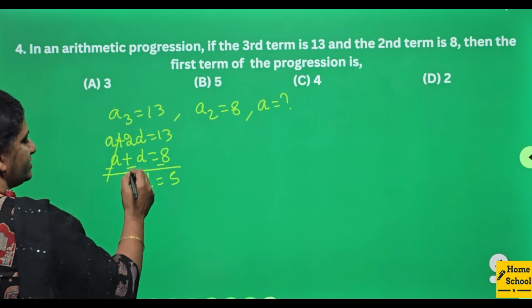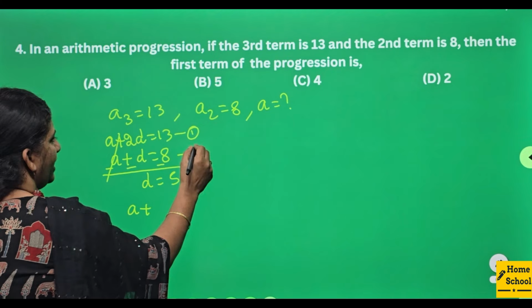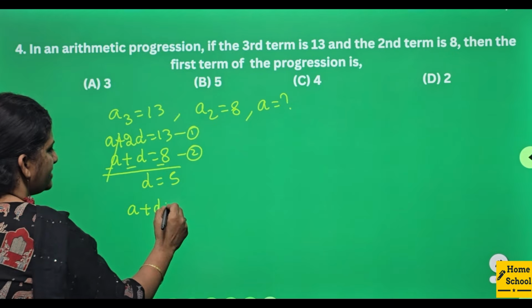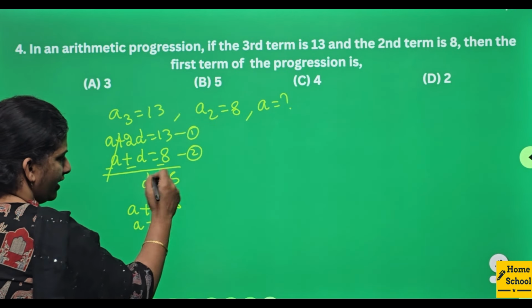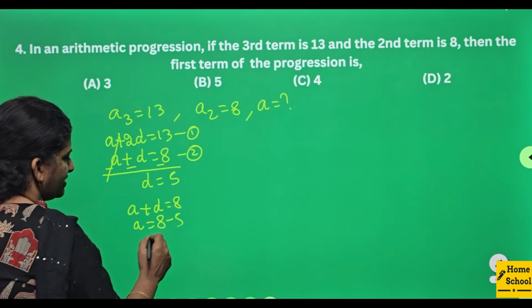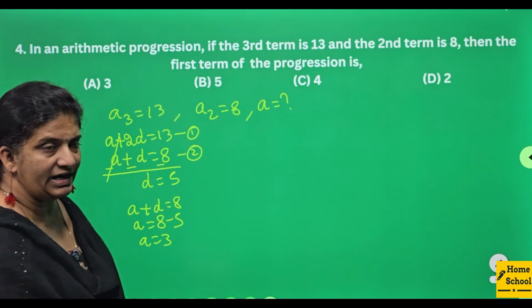Now substitute this d value in any one of the equations. I go with the second equation. a plus d is equal to 8, d is equal to 5. Substitute here and bring that side: 8 minus 5, a is equal to 3. Therefore the first term is 3.